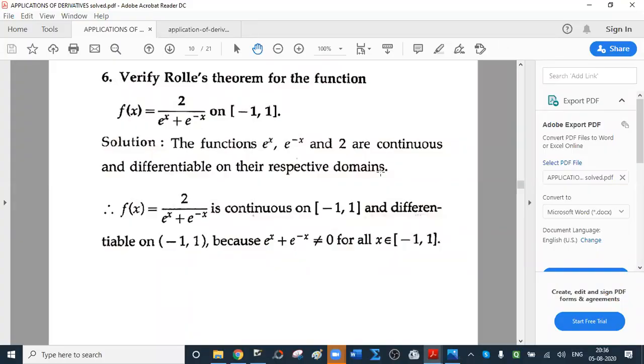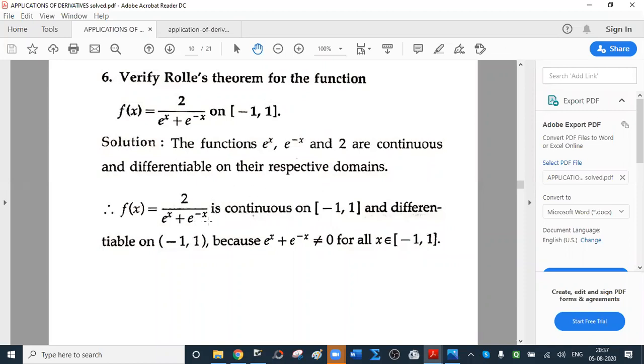Now, sum number 6. Verify Rolle's theorem for the function f of x equal to 2 upon e raised to x plus e raised to minus x on the closed interval minus 1, 1. Just listen to me. All these functions are continuous and differentiable on their respective domains.